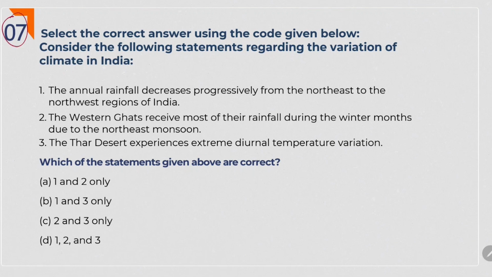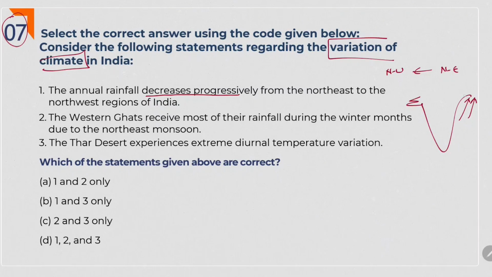Next one. Select the correct answer using the code given below. Consider the following statements regarding variation of climate in India. The annual rainfall decreases progressively from northeast to northwest. Yes, while discussing the monsoon, we have seen that the southwest monsoon enters this northeast area from here, and slowly because of these eastern mountains like the eastern Himalayas present here, it takes a turn and then moves to the northern plains.